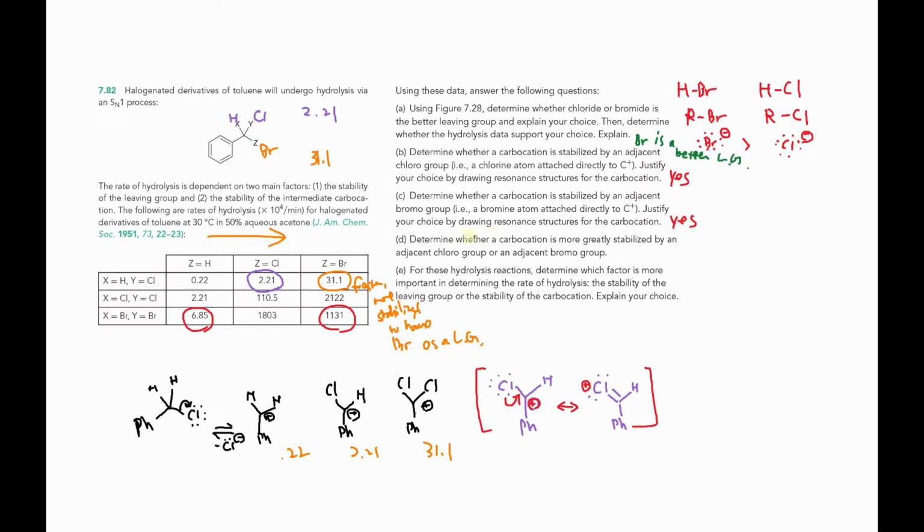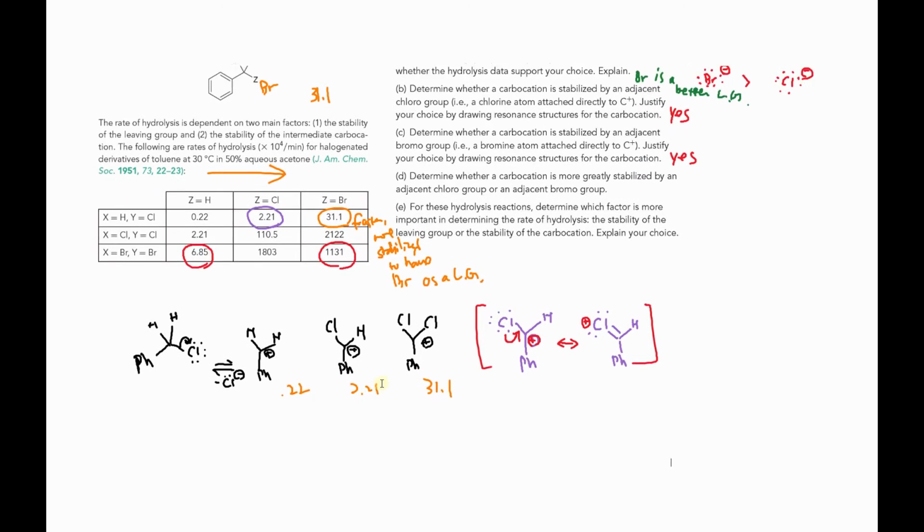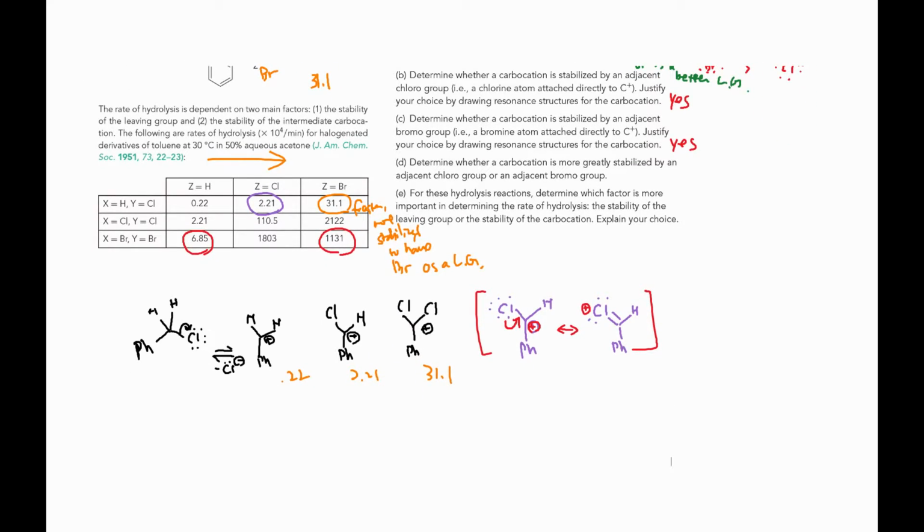And I can now draw the 3 bromo attached to back up my answer. So let me draw the carbocation with a bromo, bromo, and the phenyl at the bottom, plus charge. There's a lone pair, which is going to act importantly in the resonance structure.